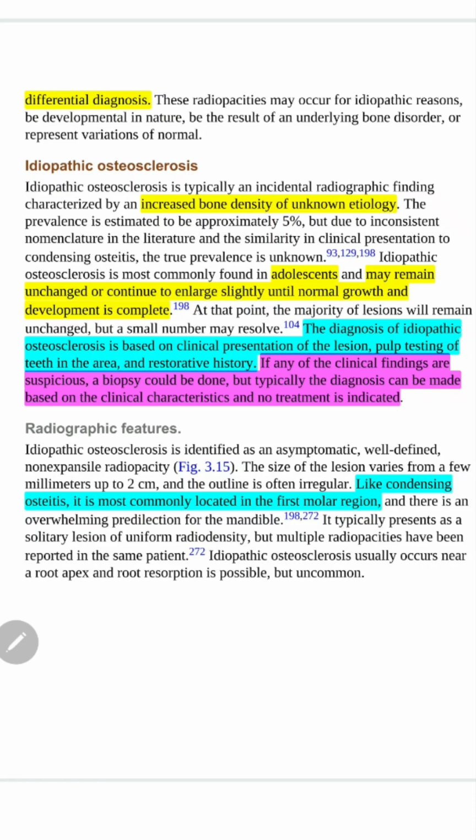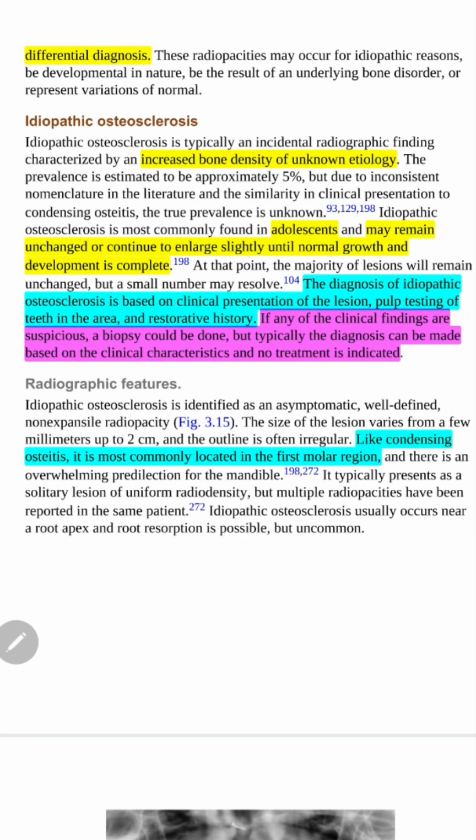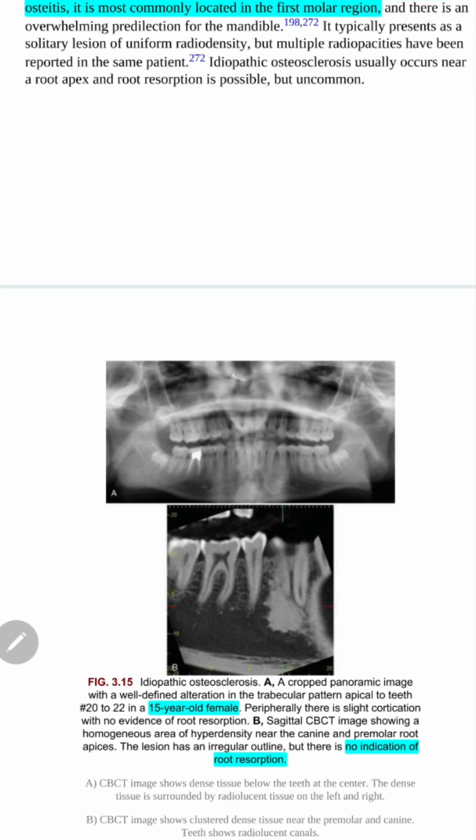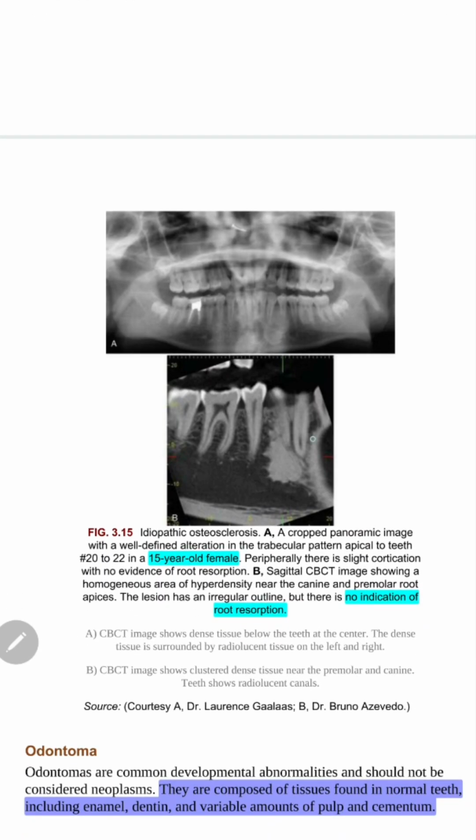It is most commonly located in the first molar region, but the teeth are usually vital and respond to stimulus. Here we have a case of a 15-year-old female, and we can see that the lesion is not invasive. It has no indication of any root resorption.